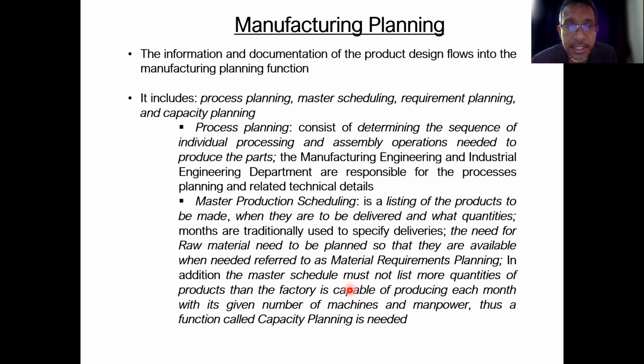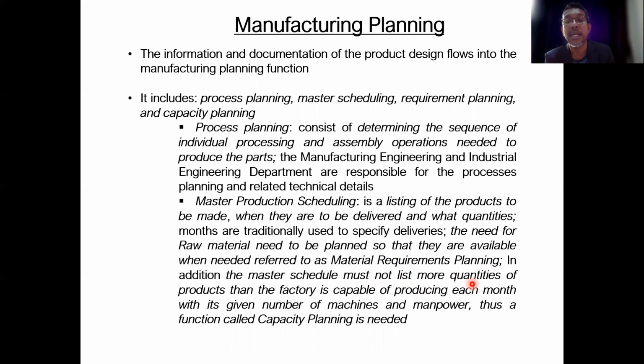In addition, the master schedule must not list more quantity of product than the factory is capable of producing. Normally in production planning, they already know the manpower and the machine capability in their production. For example, in one shift, they can produce 10,000 units. So the master schedule cannot list out a quantity more than that, because the capability of their machine and manpower is only up to 10,000 units for one shift.